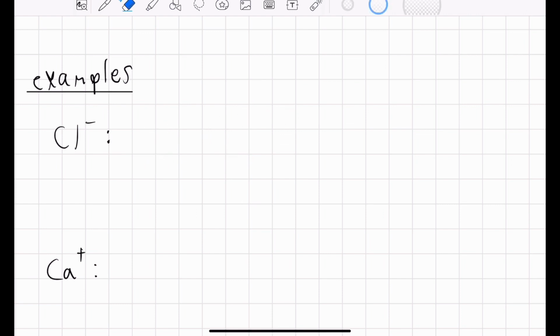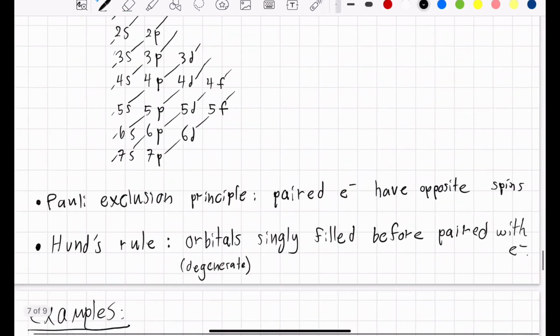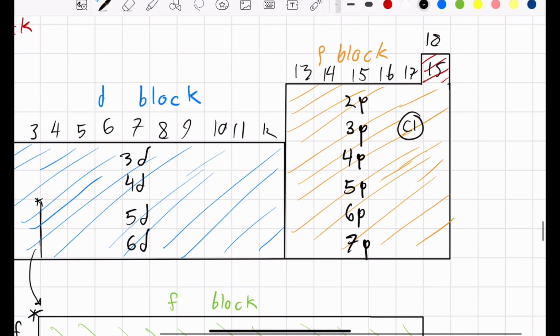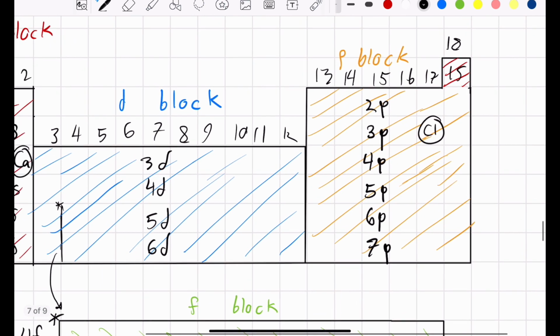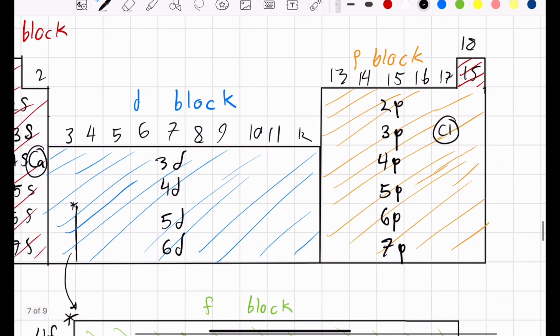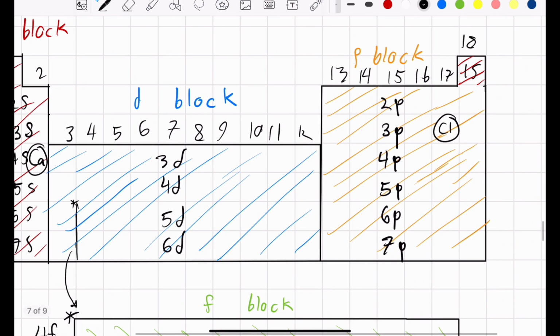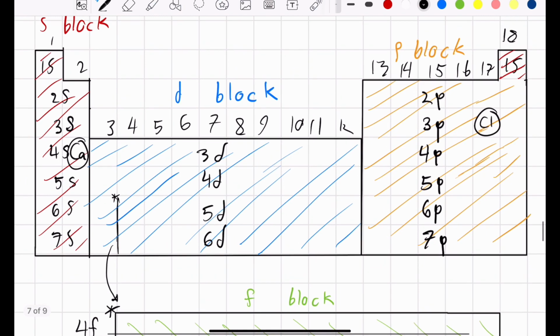So let's take a look at chloride. So chloride is going to occupy a full 3p subshell with electrons, and everything before that's also going to be fully occupied with electrons.